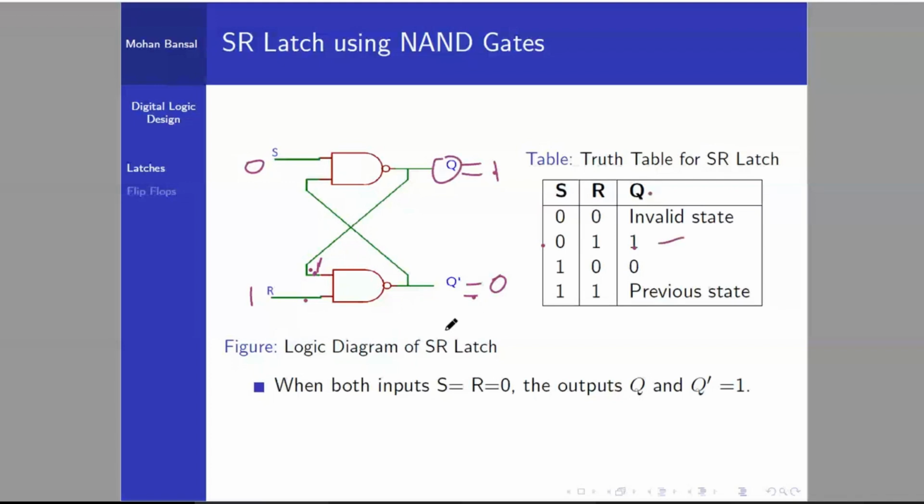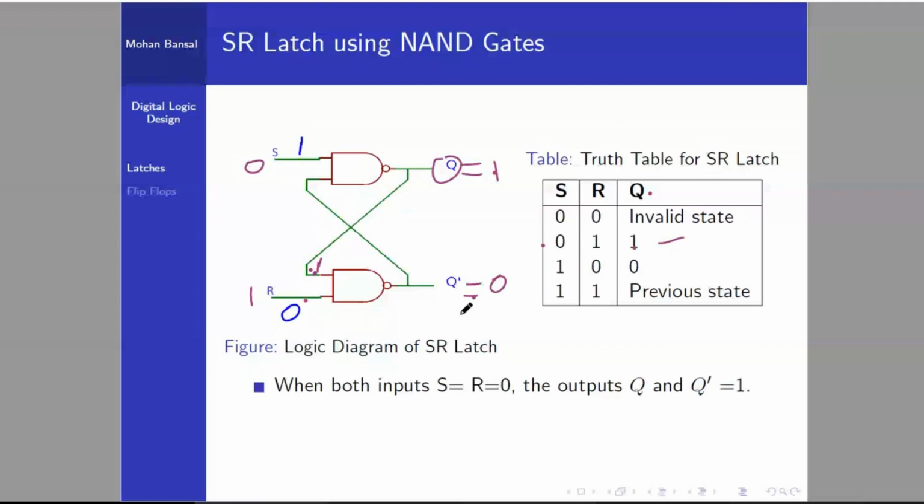Now if we take another case, S is 1 and R is 0, what will be the output? You tell me. Q complement is 1 and Q is 0.